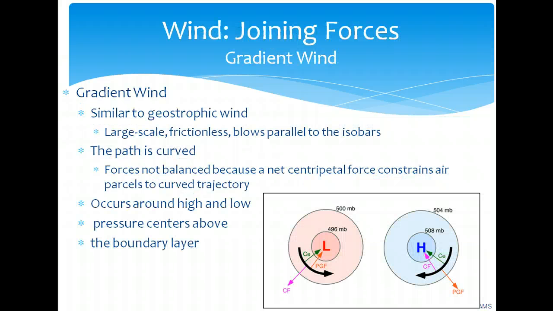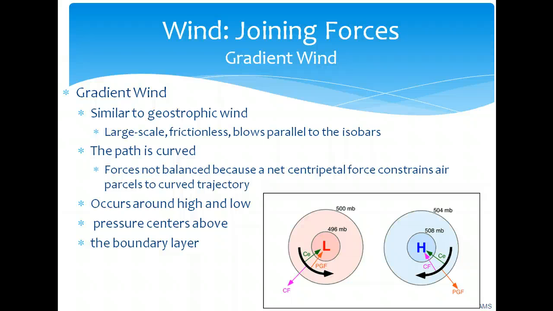A more common model of the atmospheric flow is known as the gradient wind, which shares many of the same characteristics as a geostrophic wind. It's a large-scale, horizontal, and frictionless model and blows parallel to isobars. However, the most important distinction between the two models is that the geostrophic wind blows in a straight path, whereas the path of the gradient wind is curved.